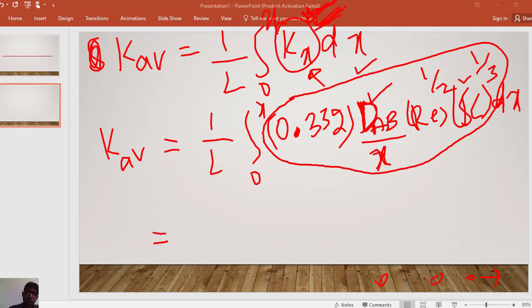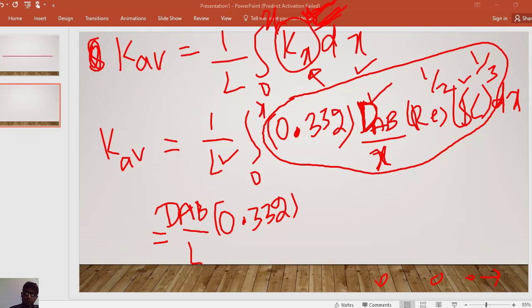The diffusivity is constant, the Reynolds number changes with x, and the Schmidt number is also constant. So constants come out of the integral: 1 over L, 0.332, and the diffusivity DAB come out, leaving the integral from 0 to x.